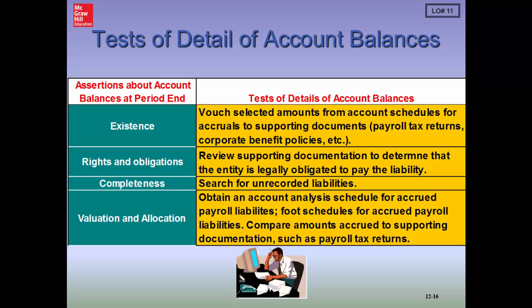We're reviewing supporting documentation to determine that the entity is legally obligated to pay this liability. We're going to search for unrecorded liabilities, as well as obtain an account analysis for the schedule for accruals of the payroll liabilities. Foot schedules for accrued payroll, and compare the amounts and supporting documentation.